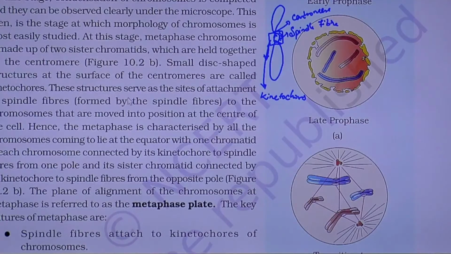These structures serve as the sites of attachment of spindle fibers to the chromosomes that are moved into position at the center of the cell.